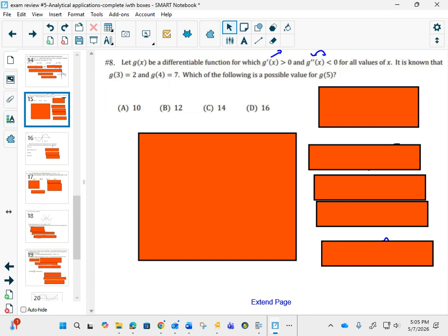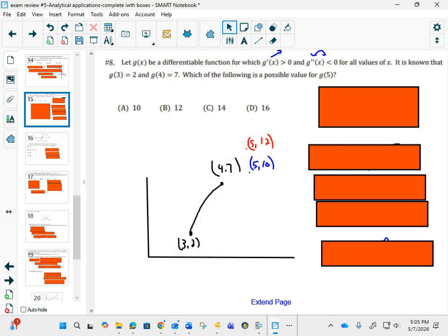Okay, so what we have so far is (5, 10), (5, 12), (5, 14), and (5, 16). From (3, 2) to (4, 7), I've drawn it concave down, I've drawn it increasing. Does increasing imply all of those values?